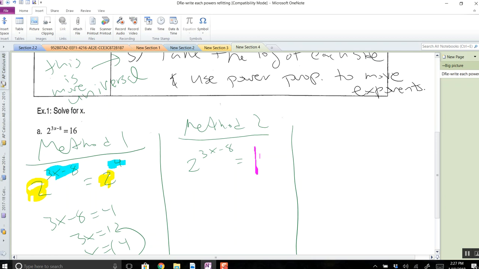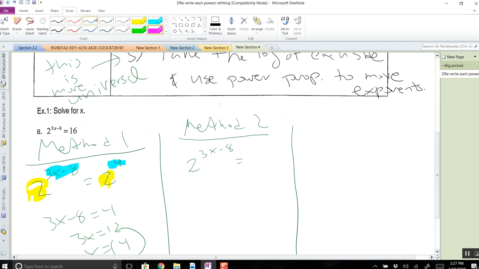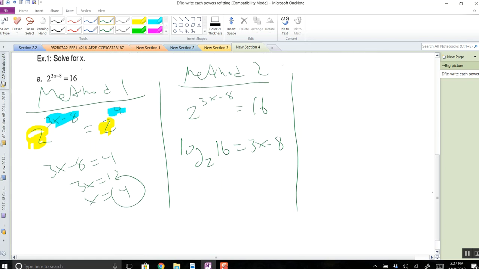So how do I write as log? Log base 2 of 16 equals 3x minus 8. Remember, the whole purpose of log is to isolate exponents. The exponent was 3x minus 8. You write it as a log equation, isolate it. And we should know how to evaluate log base 2 of 16. What is log base 2 of 16? It's 4, right? x equals 4. So, pretty simple.